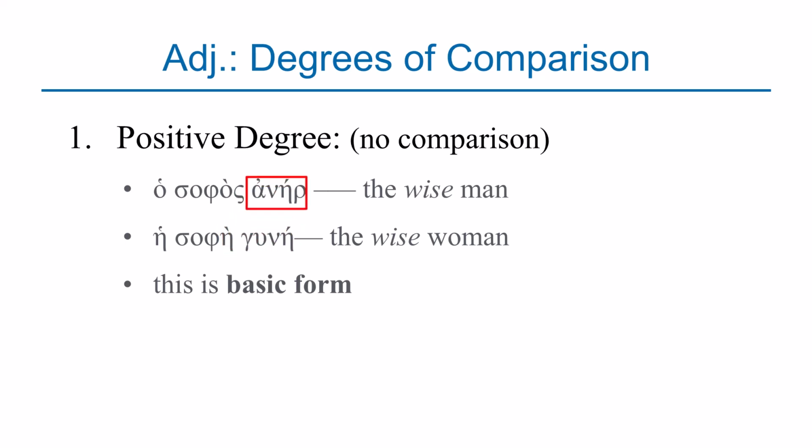When you're talking about a masculine noun, the adjective is going to be in the masculine. And so the word wise, the wise woman, is in the positive degree, meaning it's showing no comparison. You're just stating that the woman is wise. This is the basic form of the adjective. Most of them are going to be in the positive degree, showing no comparison.